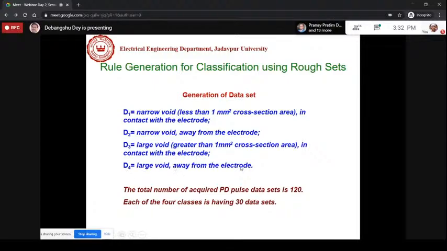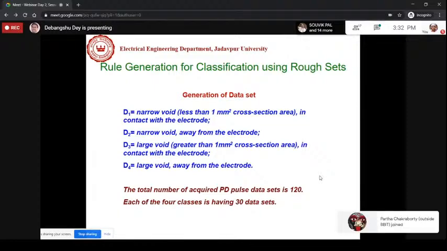For simplicity, I have taken only these 4 classes. It can be made much more complicated. There can be several such cases, and your system will become much more complex. But I am just showing these 4 cases to understand the whole thing, because if we take too many classes, it is difficult to understand.